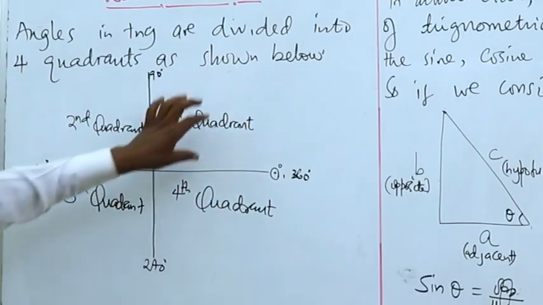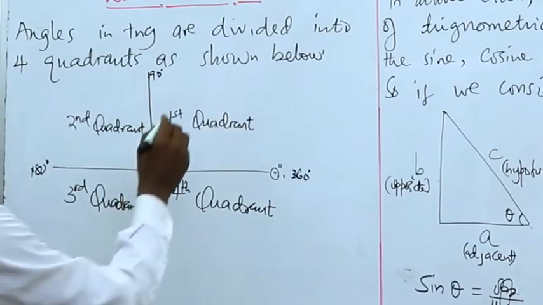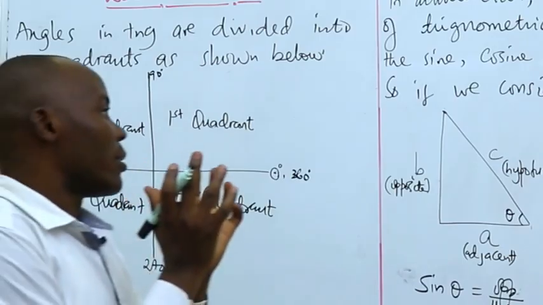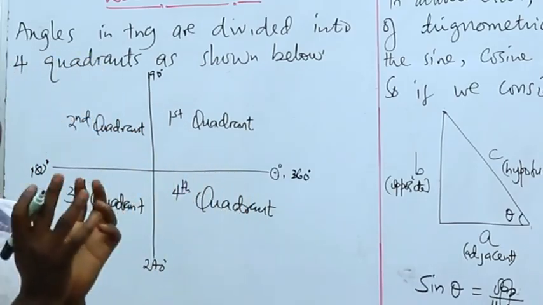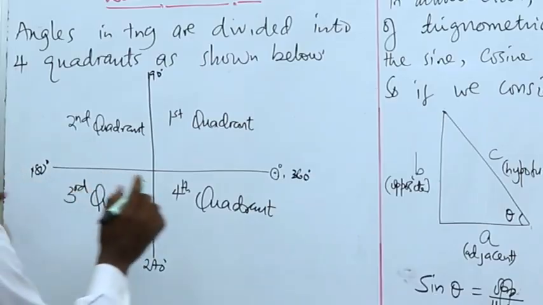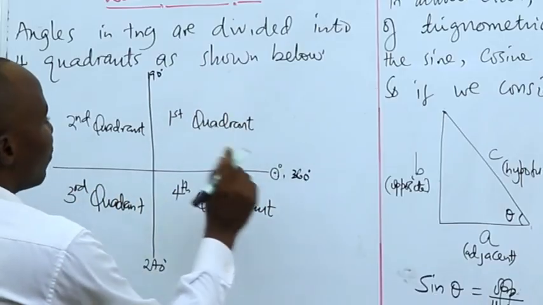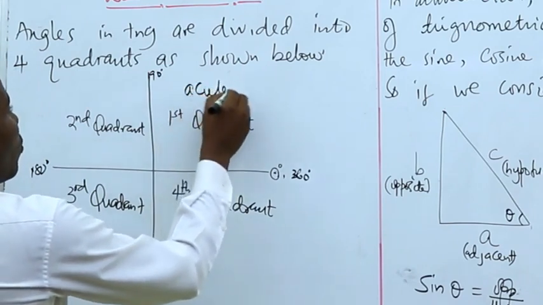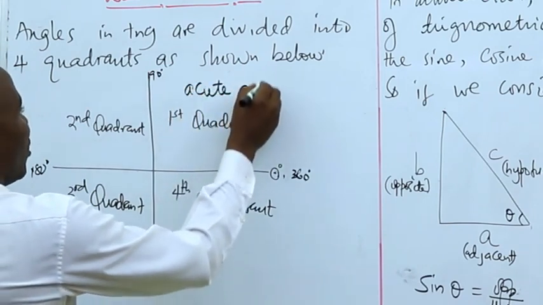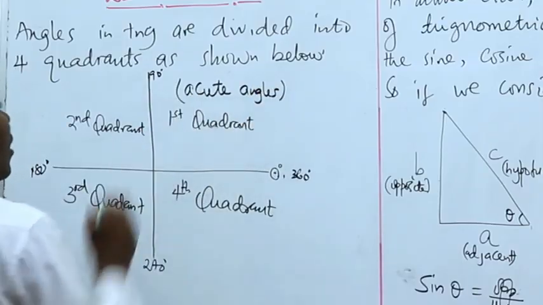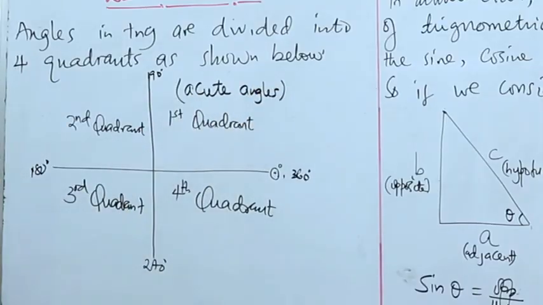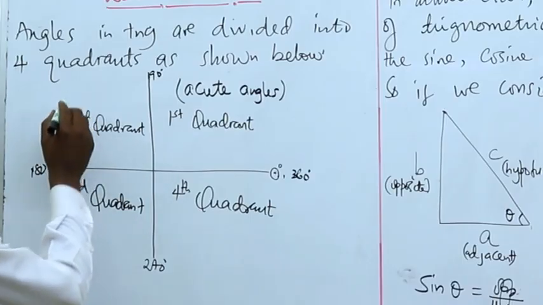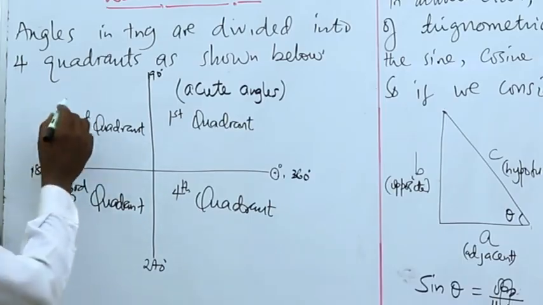Now, in the first quadrant, you are going to find angles less than 90 degrees. They range from 0 to 90, and those angles are called acute angles. Then, in the second quadrant, we have angles between 90 and 180.